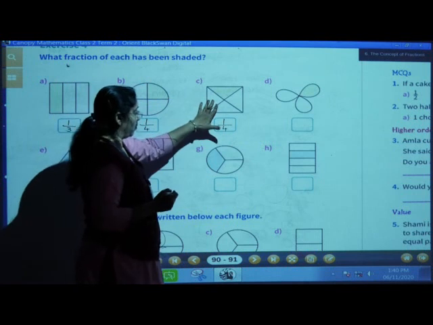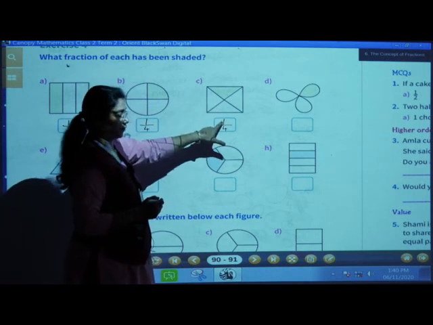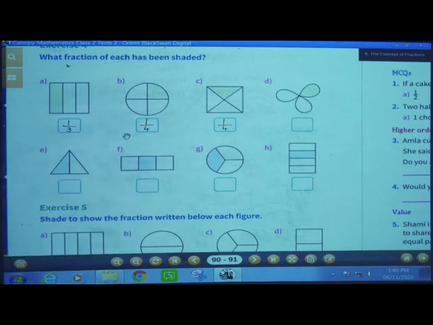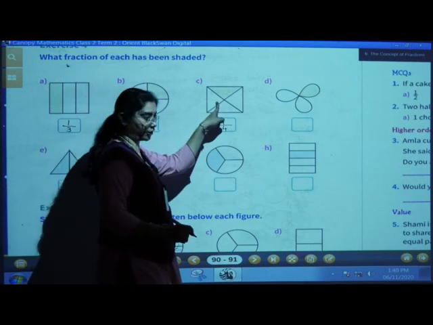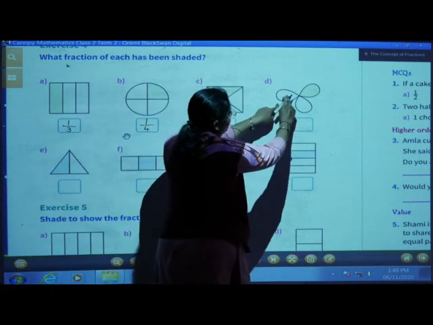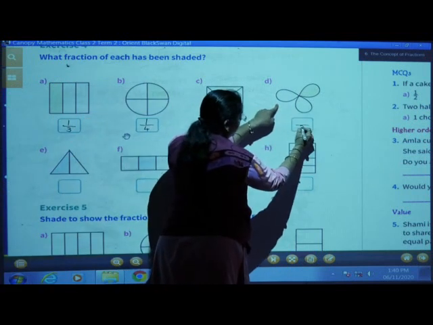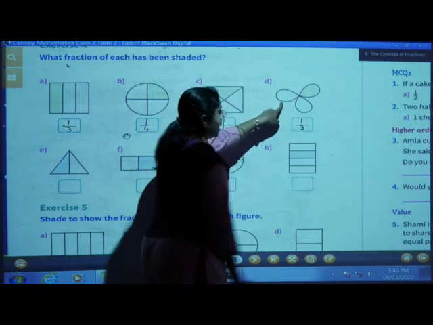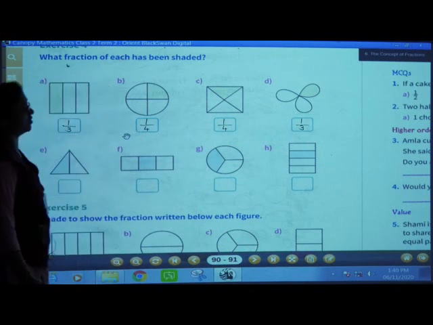So we have to write here 1. And this is called 1/4 or quarter. D number, equal parts 3 and shaded part 1. So this is 1/3.